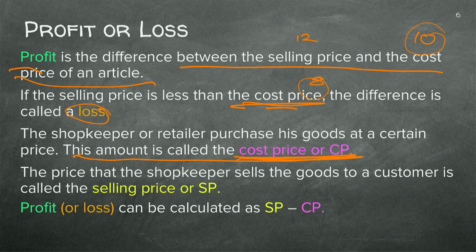Cost price or CP. The price that the shopkeeper sells the goods at will be the selling price or SP. So the formula for profit or loss, like in the case of the chocolate, can be calculated by the selling price minus the cost price.